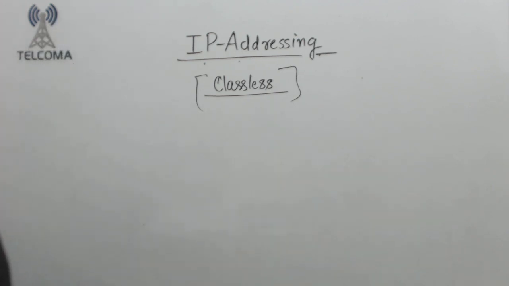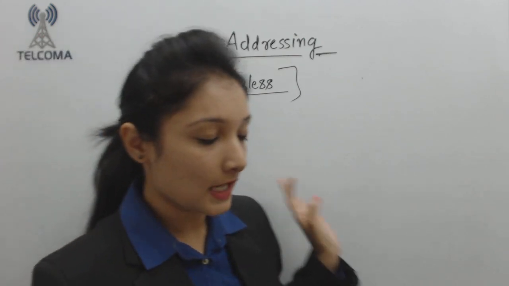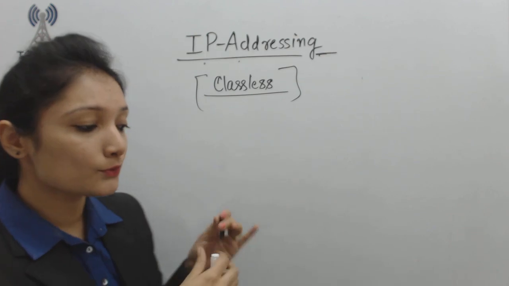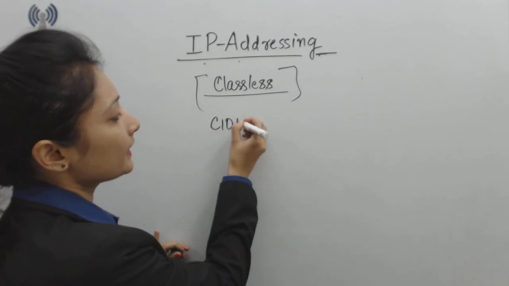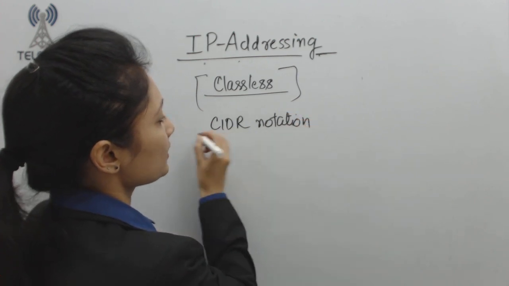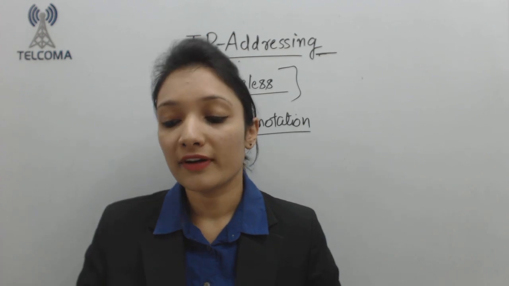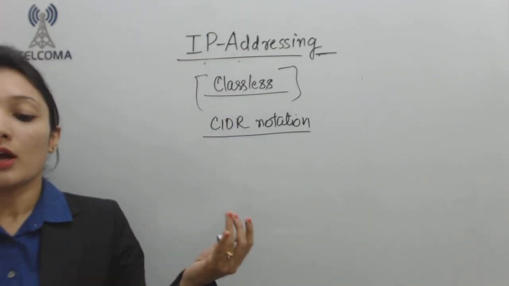This is basically using the concept of blocks. Instead of classes, blocks are used here. So this uses CIDR notation. Why does this use CIDR notation? Because if we don't have classes, we would have the problem of identifying the network and what is the host.